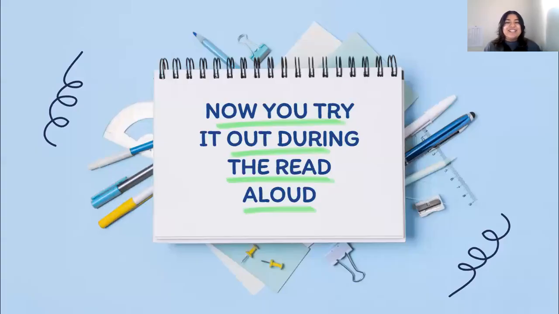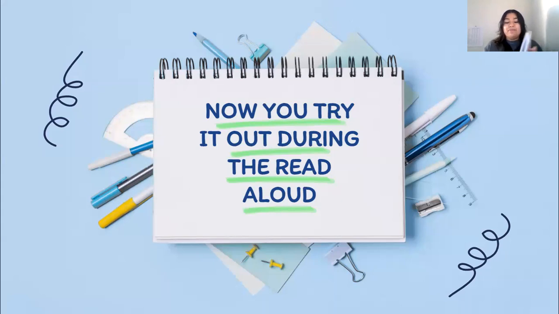But now, did I miss something? No, I didn't. Okay, so now you're going to give it a try during the read aloud. The book that we are going to read is Why Mosquitoes Buzz in People's Ears by Verna Aardema, and it's illustrated by Leo and Diane Dillon. So this is the book right here. And as I'm reading, I want you guys to listen for words that are new, something that you haven't heard before and that you don't know the meaning of.